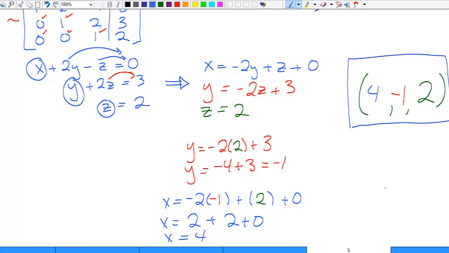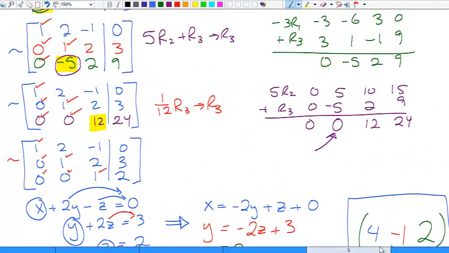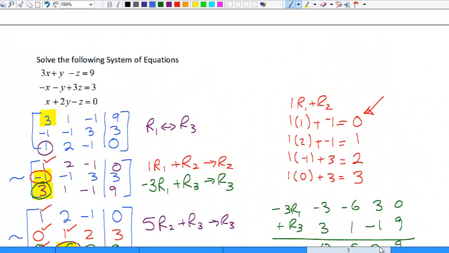You are welcome to check your work. You don't have to, but in order to check your work, we're going to go all the way back up to the original problem and take my solution and plug it into each equation and see if it works. So I'll show this to you once, but I'm not going to show it on every problem. So we have 12 minus 1 is 11, minus 2 is 9.